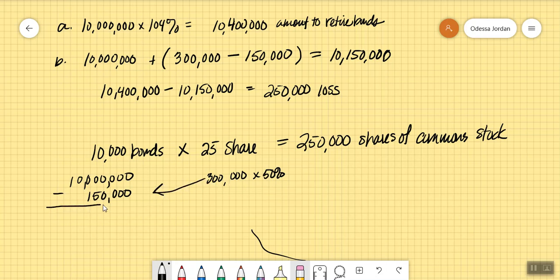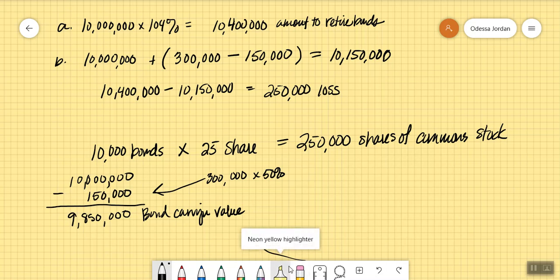So then we subtract that and we get 9,850,000. And that's the bond carrying value. And the bond carrying value means the remainder of the value, or the value of the bond at that time, based on the discount.